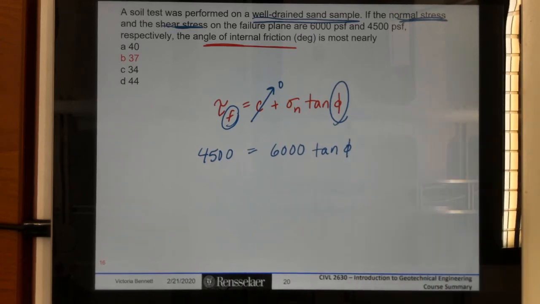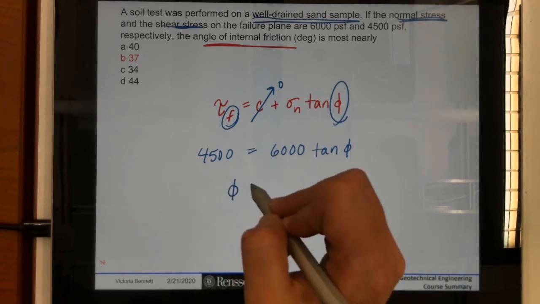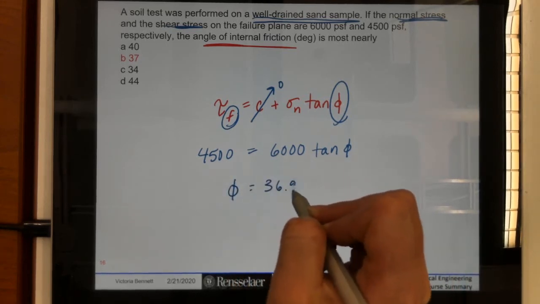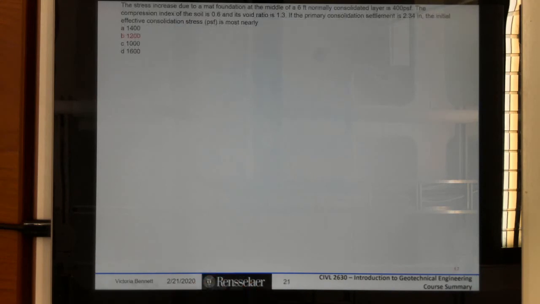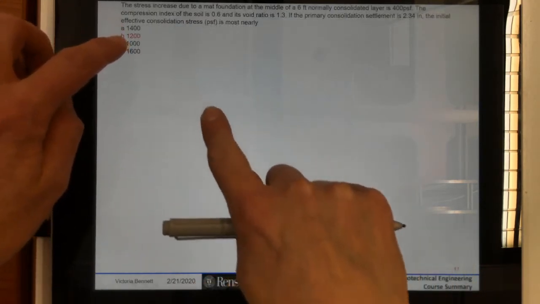So we would want to solve that, arctan, and come up with 36.9. Okay.